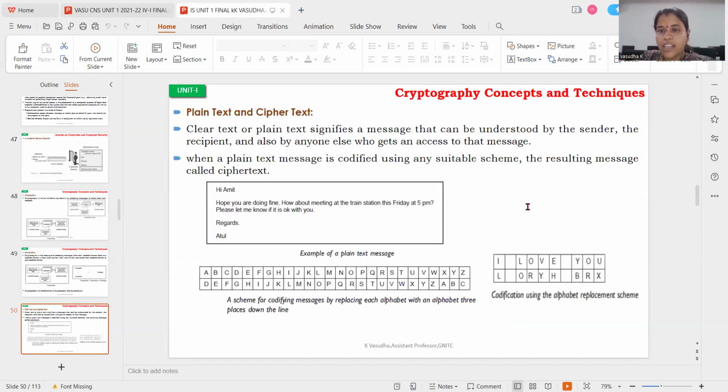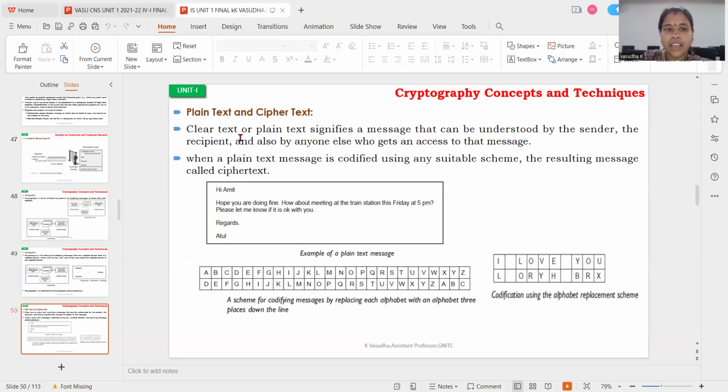Now let us discuss what plain text and ciphertext are. Just now, when we were discussing cryptography and cryptanalysis, we used the terminologies readable and non-readable format of the data. But we can also use the terminologies plain text and ciphertext.